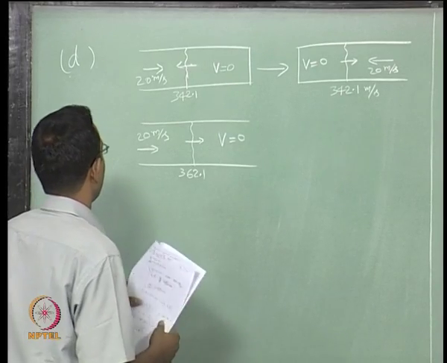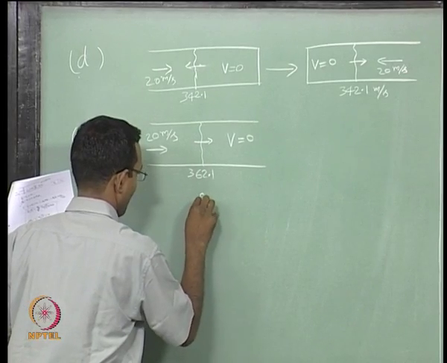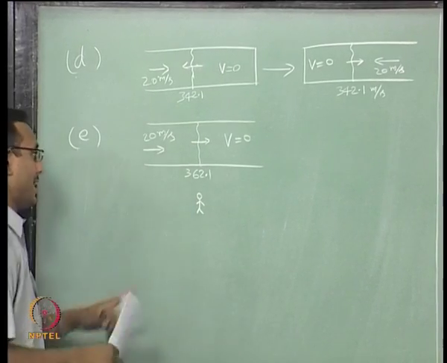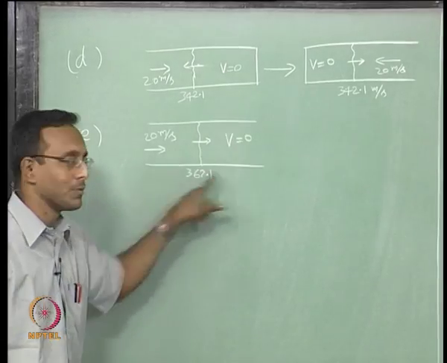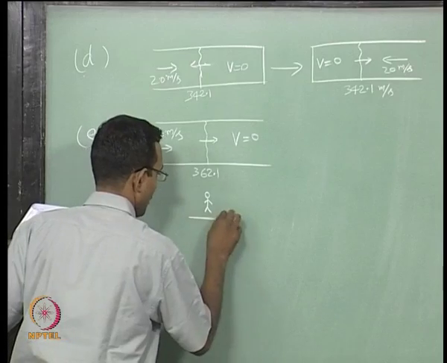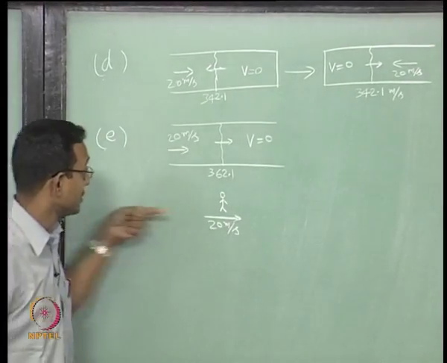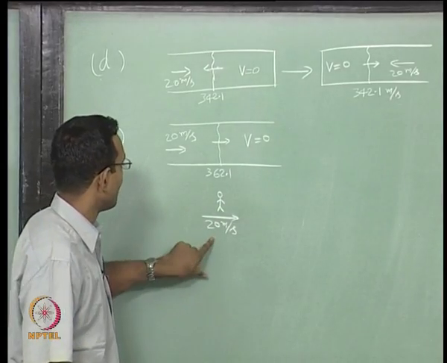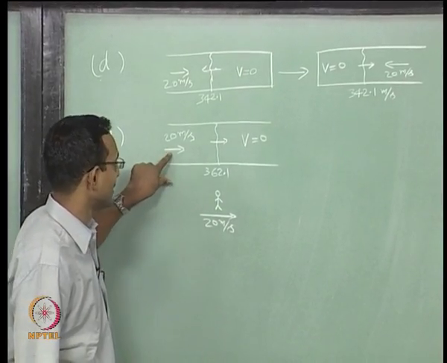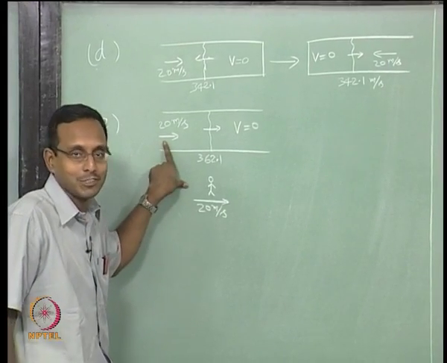So, now if I have a situation where I have an observer, as of now he is stationary to observe this particular problem, I am going to now say that he is going to move this way with 20 meter per second. If he is moving this way with 20 meter per second, what will he observe? He is going to say that this fluid is stationary with respect to him, because they are both going parallel to each other at the same velocity.